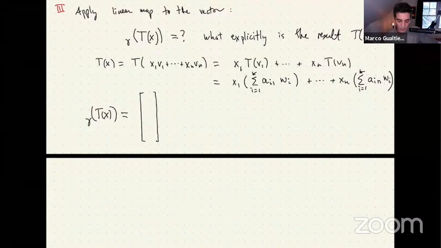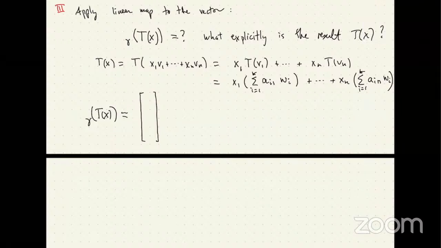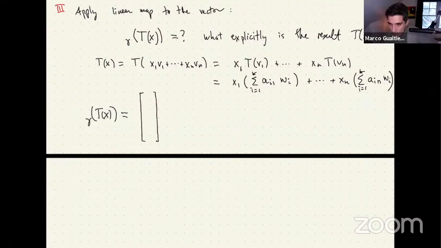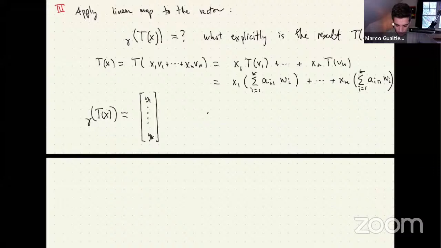And what am I going to get? Let me give names to these coefficients. Let's say y1 up to yk, where what is y1? Well, it's the coefficient here of W1.